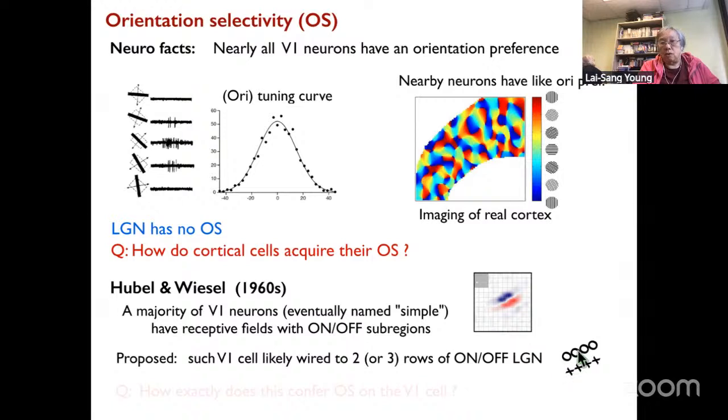It's wired to a row of, let's say, off cells, and this type of receptive field probably comes from a wiring to LGN made up of a row of on, a row of off, and a row of on. So this is a natural guess.